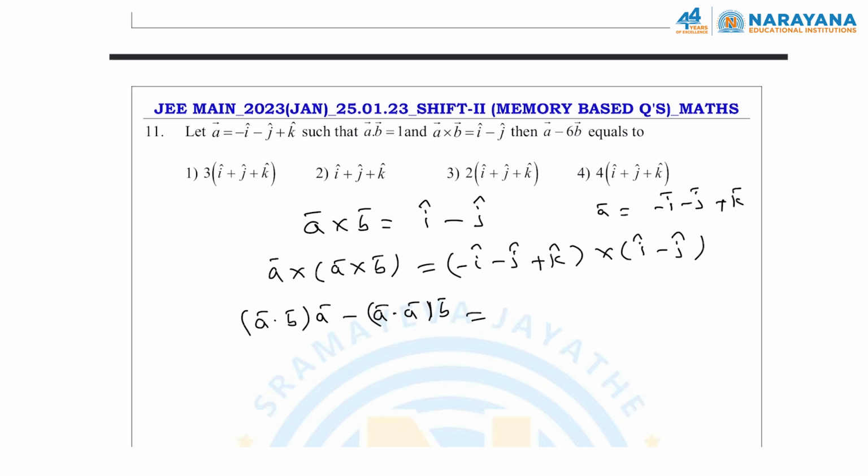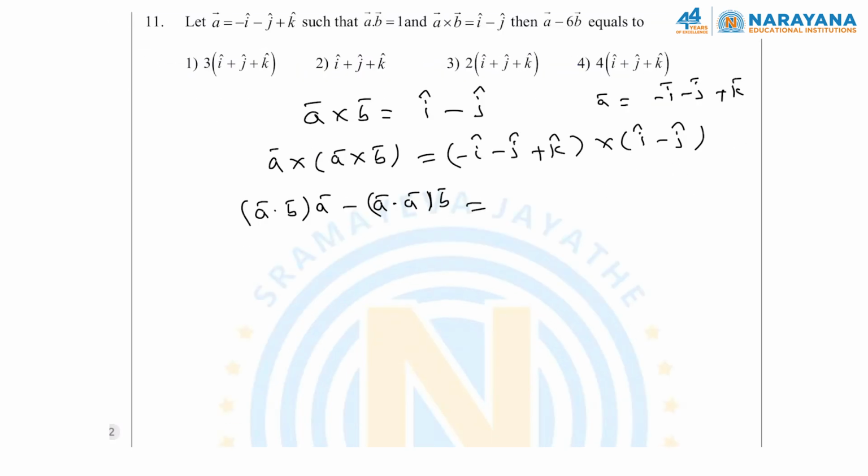So when you take cross product of these two things, what will we get? For example, if you want to find the cross product of these two things separately here, i, j, k, minus 1, minus 1, 1, 1, minus 1, 0. So this will be i bar, then plus j bar, then 1 plus 1, 2 k bar.